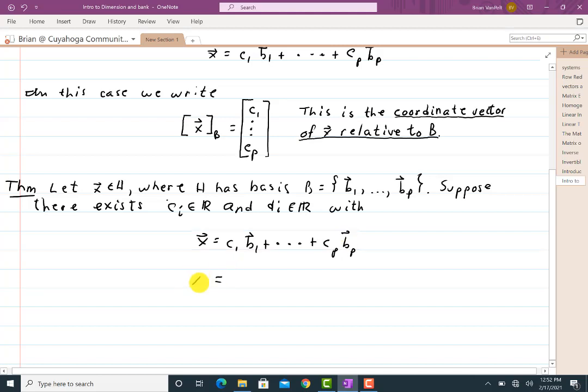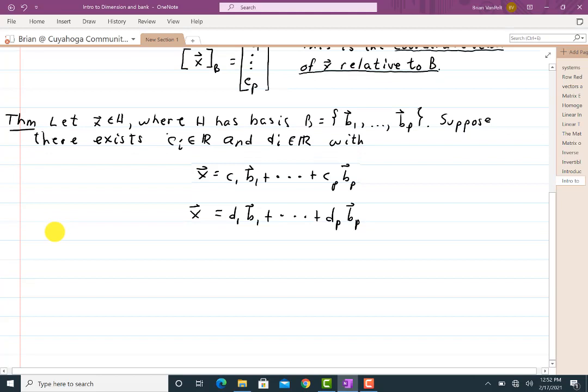and let's say X equals two different representations in the basis. So suppose we also have this situation going on. Suppose we have more than one way to represent X using those basis vectors. Well, the whole point of this theorem is to show that that's not actually possible when you're dealing with a basis.